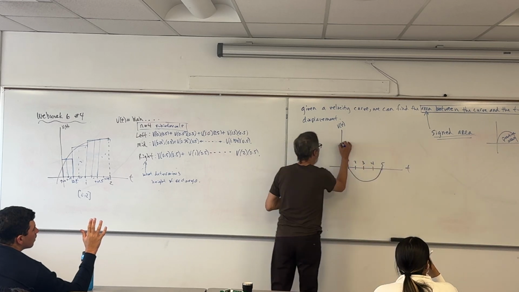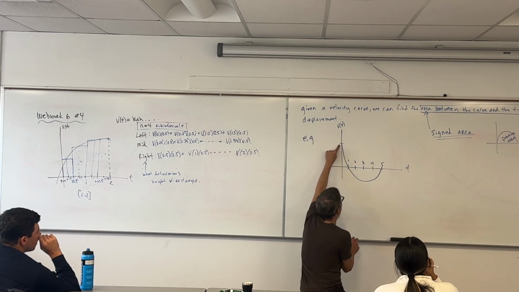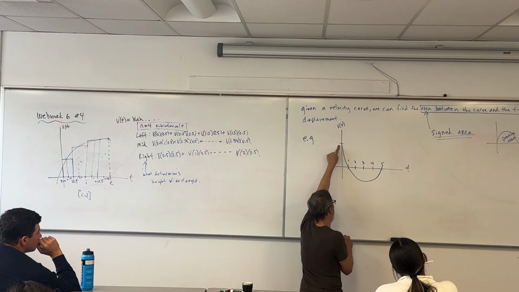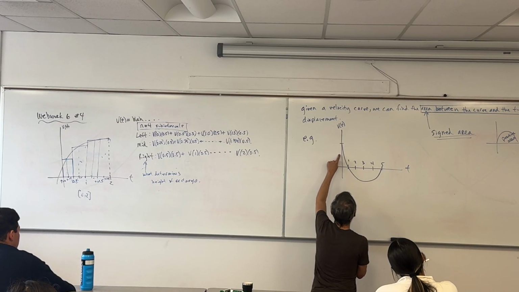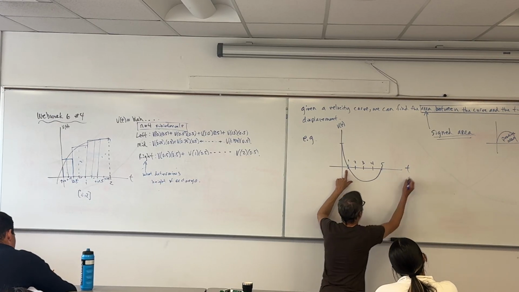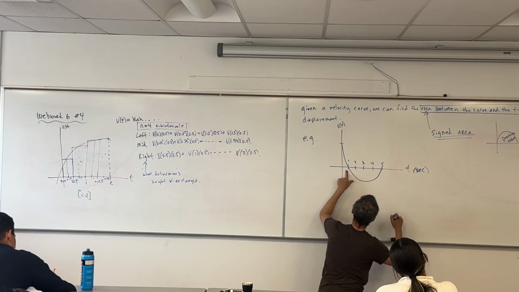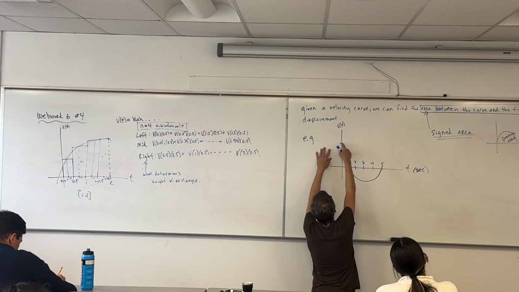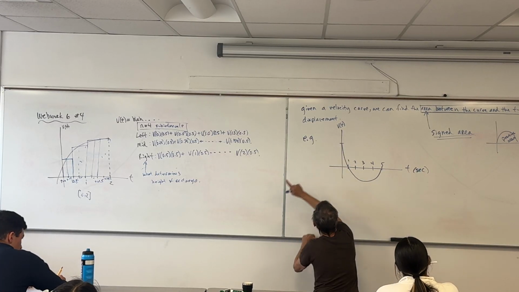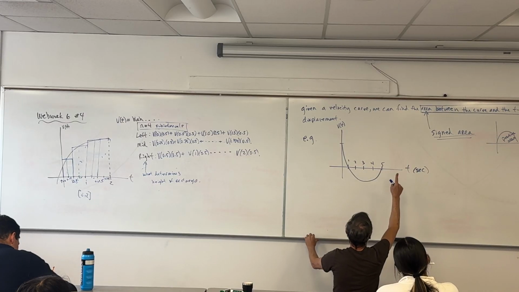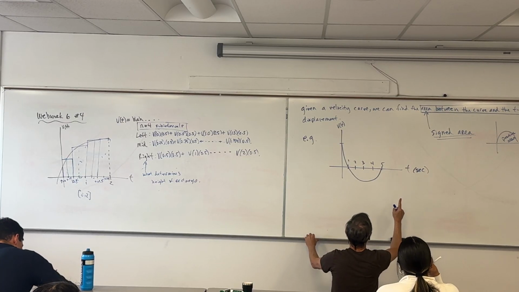So think about this. If this is my velocity, I start off going really fast, but my velocity moves to 0 within the first second. So within the first second, this thing actually comes to a stop. It's going super fast and slowing down and stopping at the 1 second mark.